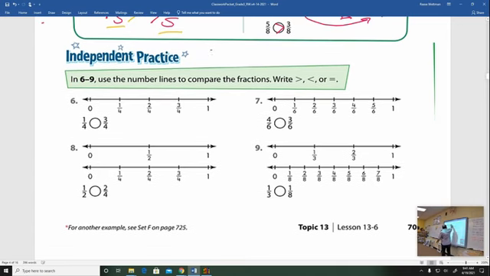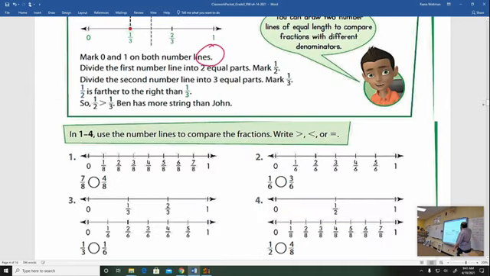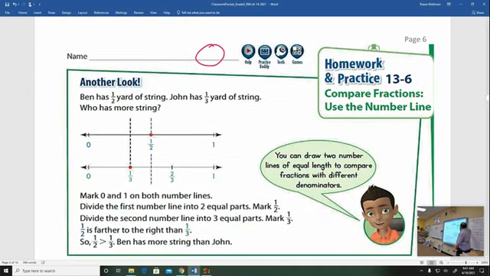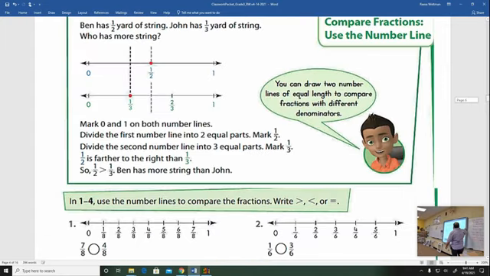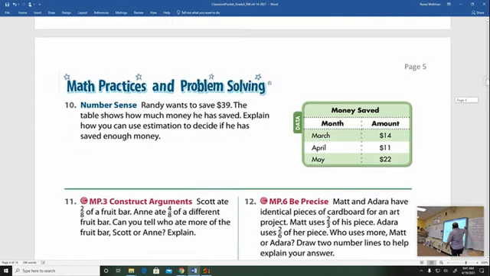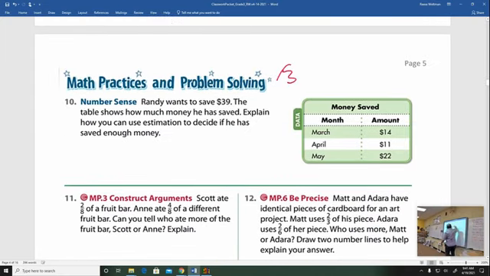Independent practice first. Homework and practice second. And then math practice is problem solving third.